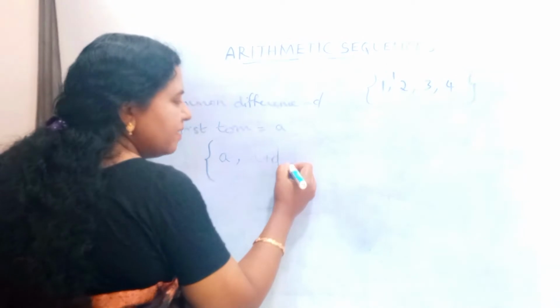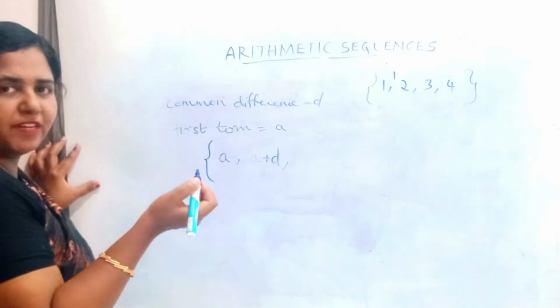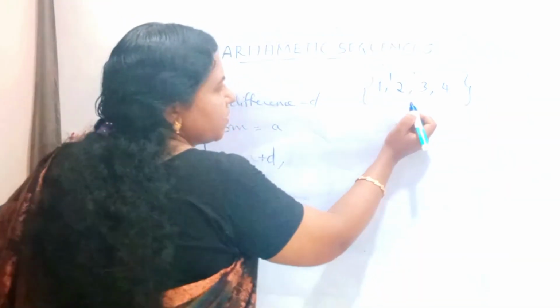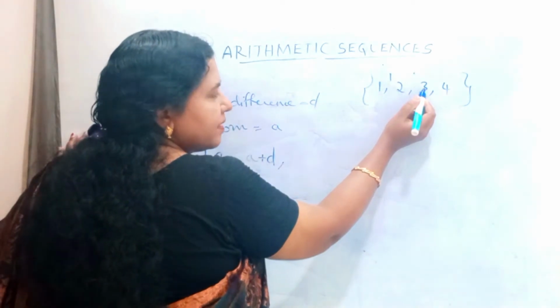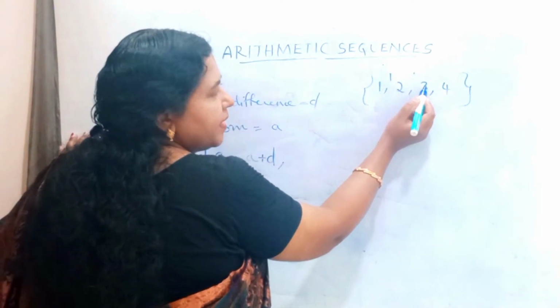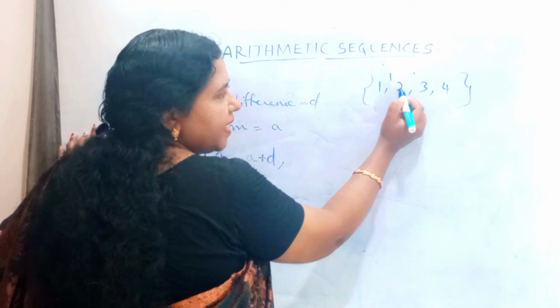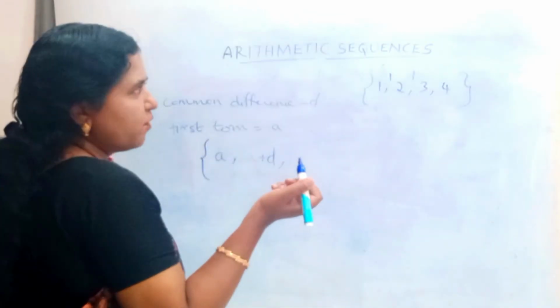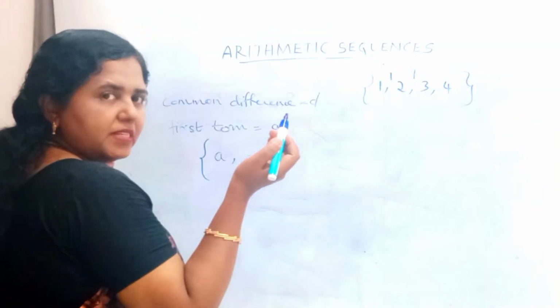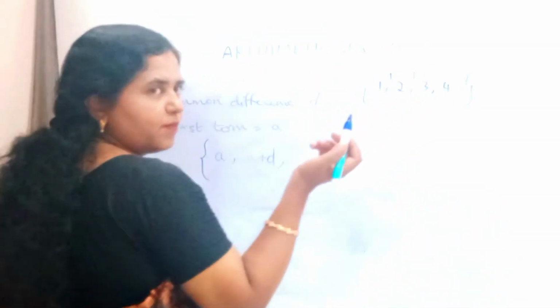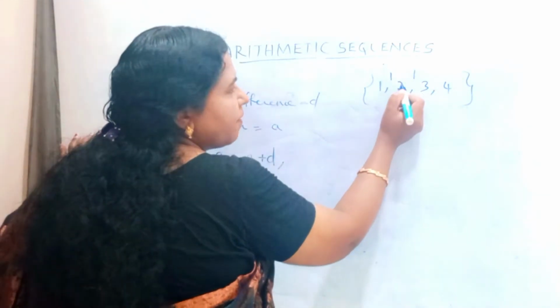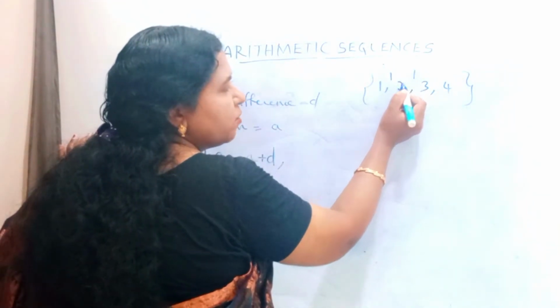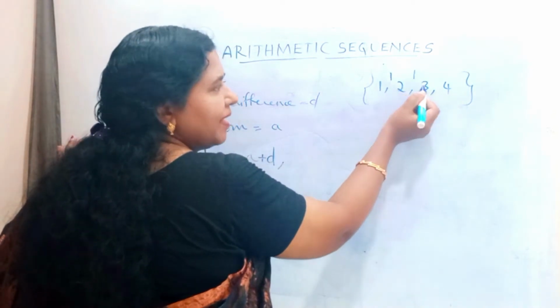Now in a similar way, we have to find out the expression for the third term. Coming to the third term, the third term minus the second term is equal to 1, and that is the difference. Of course, since it is an arithmetic sequence, all the difference values are the same, so it will definitely be equal to 1. When we add this 1 to the second term, we will get the third term.